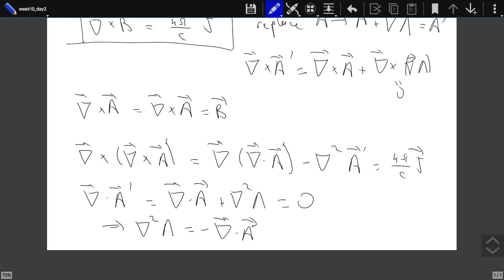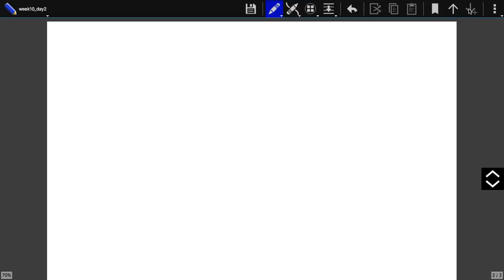is 0. But the Poisson's equation always has a solution. So I can always find this lambda. So I can always choose a vector potential such that its divergence is 0. Such that the divergence of A prime is equal to 0.